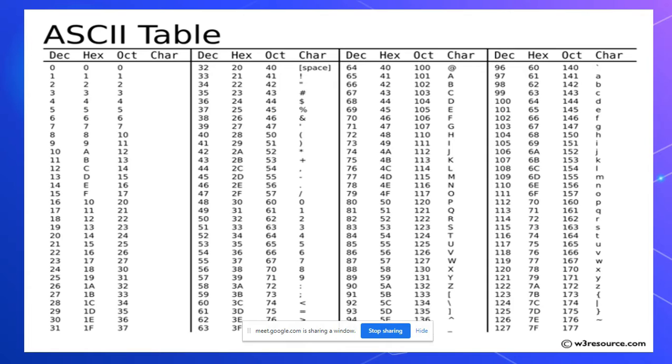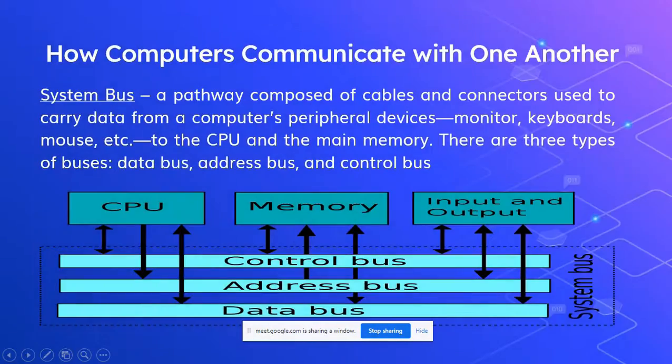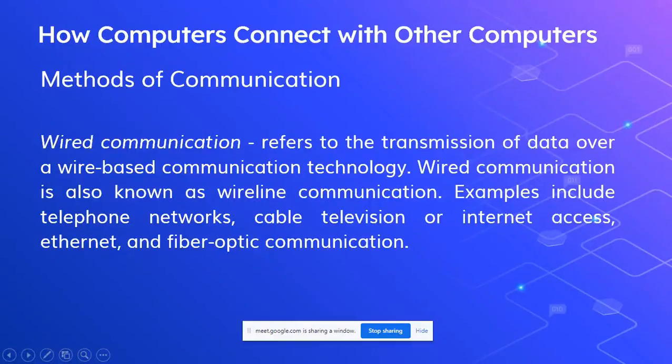We input data sa keyboard, then the computer translates it into binary digits so that it could understand the command, then ipaprocess sa central processing unit ng computer, then saka na i-output sa monitor or i-output sa printer yung command.